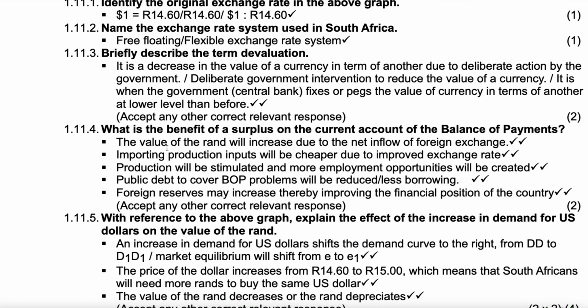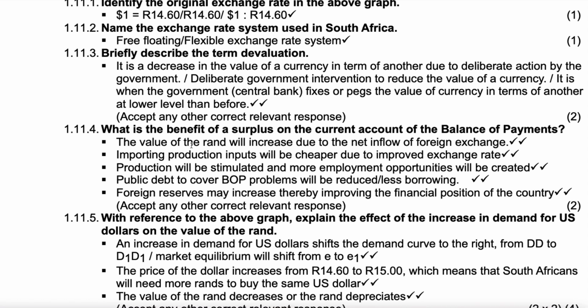Okay, what is the benefit of a surplus on the current account? I explained. Okay, the value of the rand will increase. I said it. Importing production inputs will be cheaper due to us having a stronger currency. Then production will be stimulated and more employment. I mentioned employment. Public debt to cover BOP problems. I said this, but I probably said it differently.